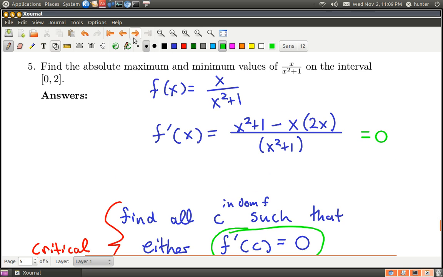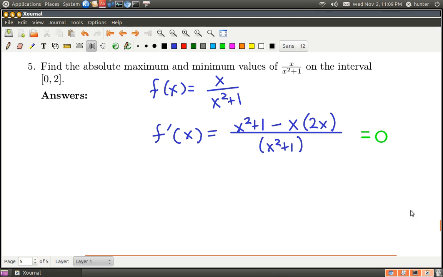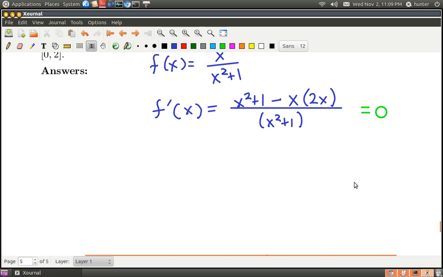So to make that easier, let me clean it up a little bit. Just look at what happens on the top. When I clean up the top, I'm going to have a couple x squareds. This is the same thing as x squared plus 1 minus 2x squared. And that will allow me to have just 1 minus x squared instead.